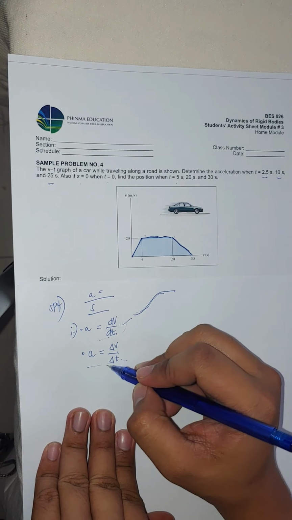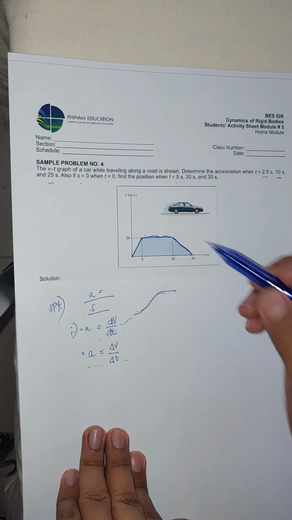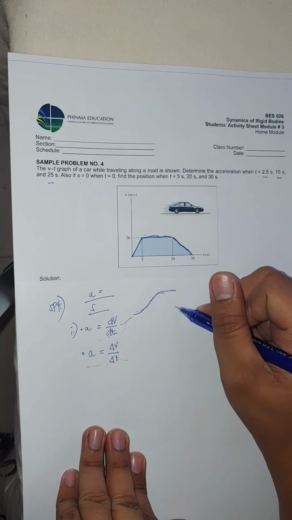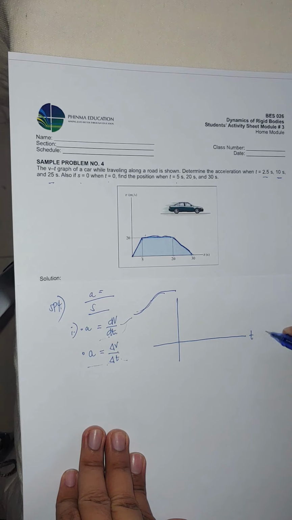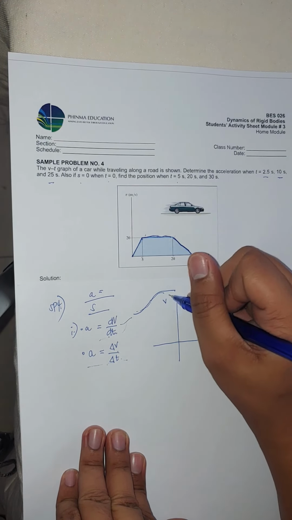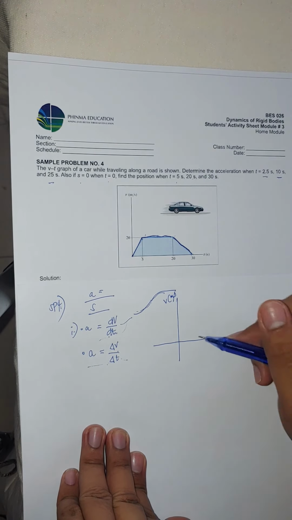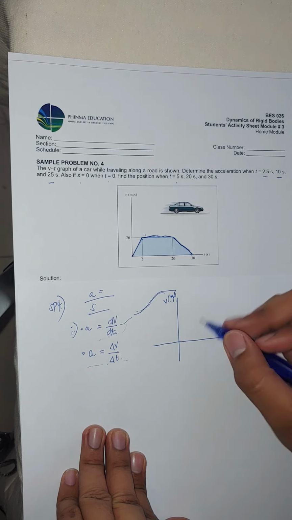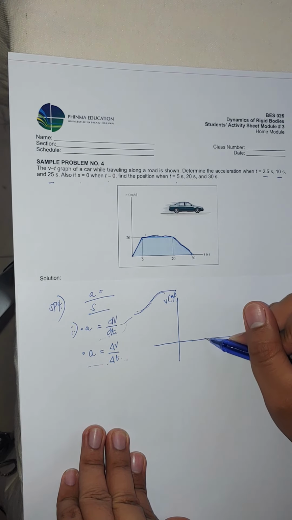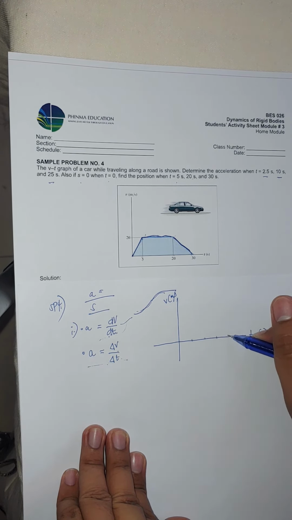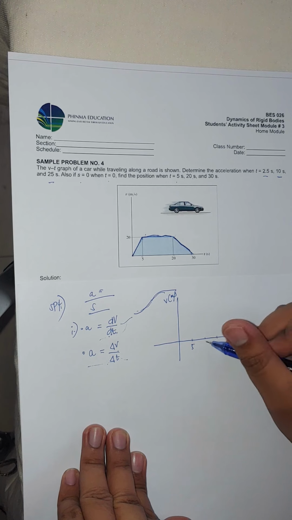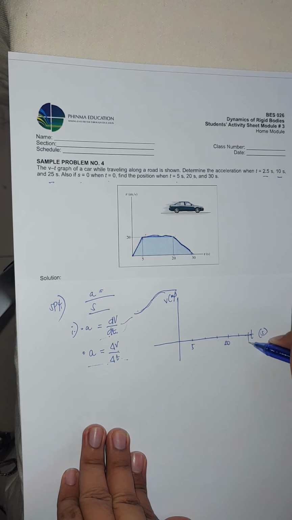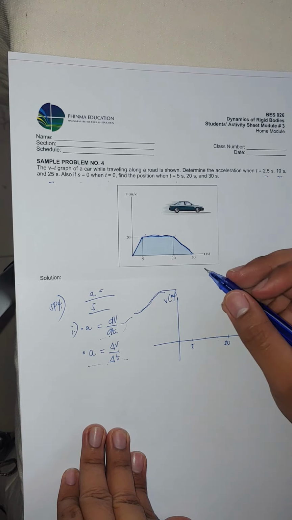Since we need the acceleration, I will first draw the velocity versus time graph. This is time in seconds, this is velocity in meters per second. So we have 5, 20, and 30 seconds. This is 5 seconds, this is 20 seconds, and this is 30 seconds.